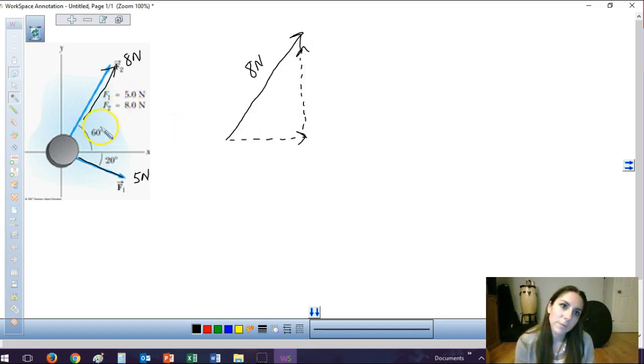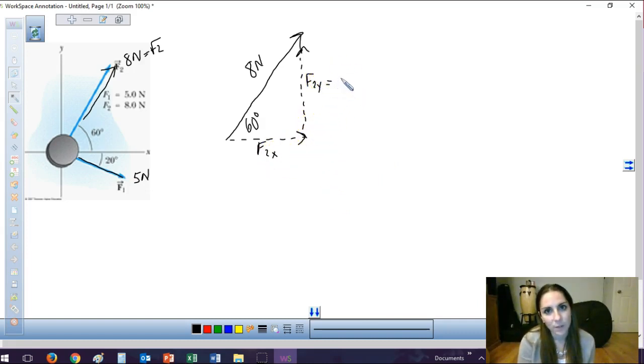So this is according to the diagram labeled as F2. So this will be F2x for the component x and F2y, the component y. And we have the angle of this force with respect to the horizontal is 60 degrees right there. So I got to figure out these values.